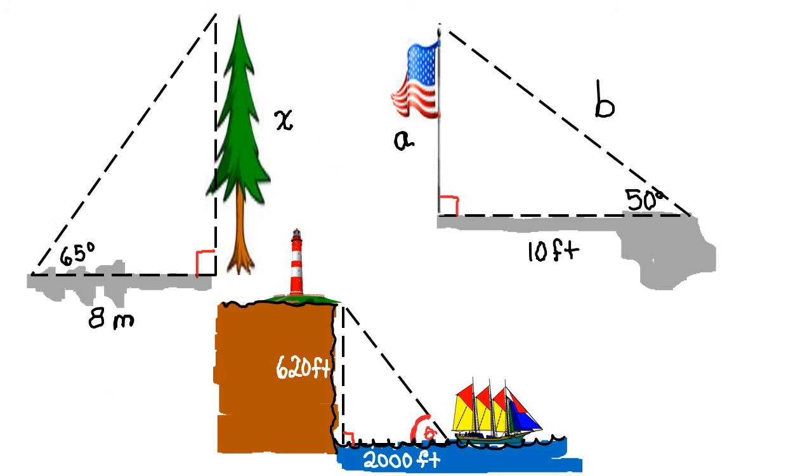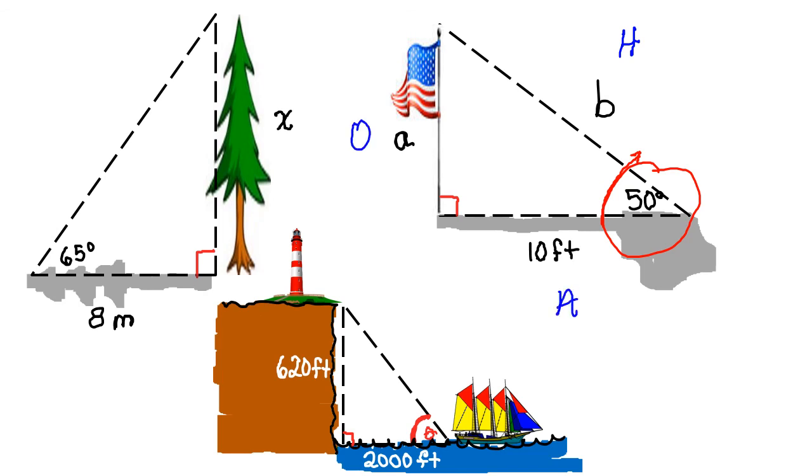All right. So now we're going to do the flag. How tall is the flag? And again, all we need is the shadow and the angle of elevation. Lots of different ways to figure that out, even by using your protractor and a string, putting it up to your eye. Look to where you're going. The string will give you a reflex angle here. So again, we're going to make our target. Identify, H-O-A.